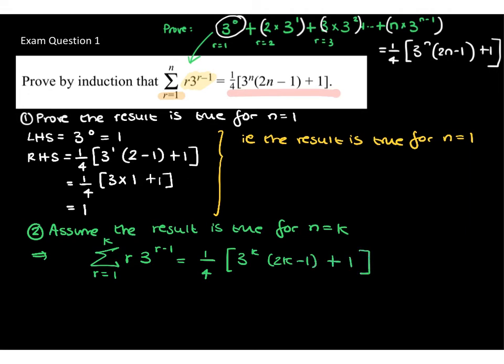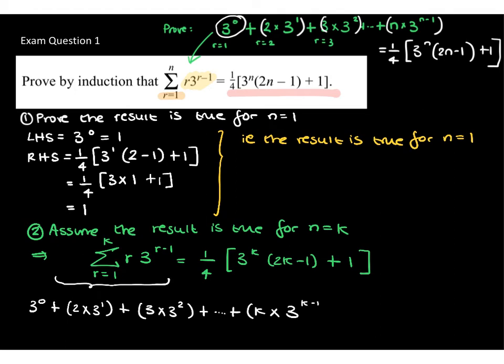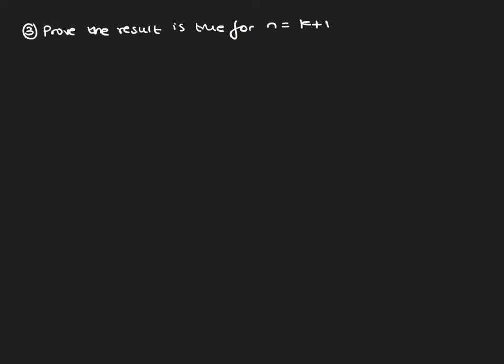Okay, so just in case anyone's not too sure about what this means, this here means we're adding together 3 to the 0 plus 2 times 3 to the 1 plus 3 times 3 squared plus all the way up to k multiplied by 3 to the k minus 1. So that is the sum of the first k terms, and we're assuming that it is equal to this result here. So now, on the basis of this assumption, we have to prove that the result is true for n equals k plus 1.